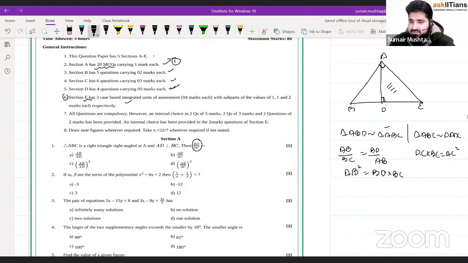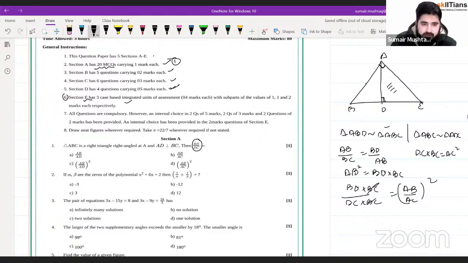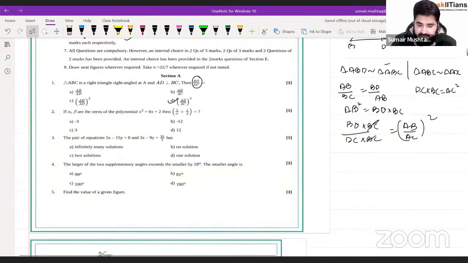So BD cross BC divided by DC cross BC is equal to AB over AC whole square. BC and BC get cancelled. So BD over DC is equal to AB over AC whole square. So this is option number 2. Simple.